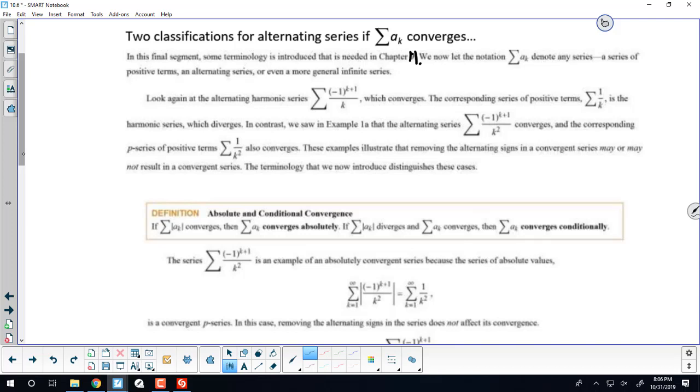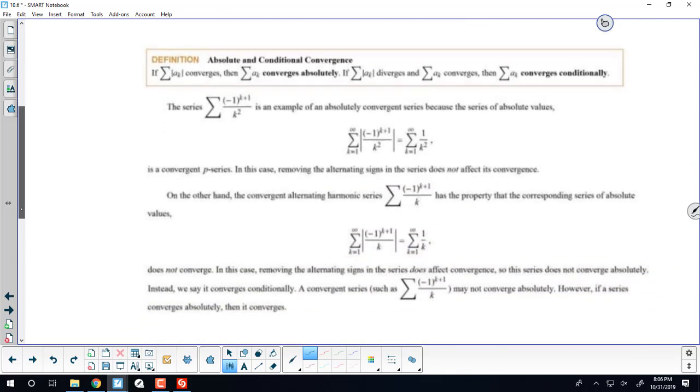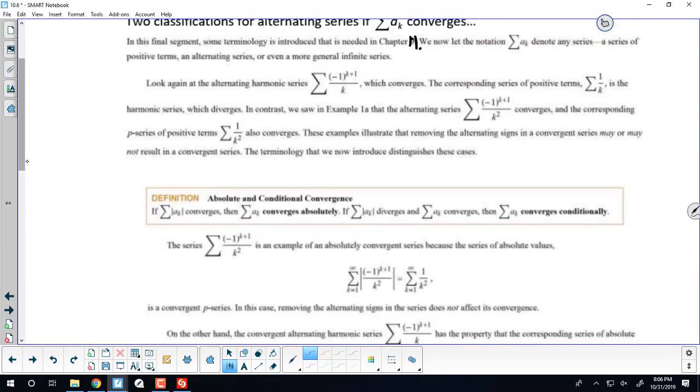Either putting an alternating part in a series affects the convergence, or it doesn't. And both of those situations we're classifying. These examples illustrate that removing alternating signs may or may not affect convergence. And so what we get is this definition, this classification of two different types of convergence, absolute convergence or conditional convergence. In the case of absolute convergence, we look at the absolute value of the series.